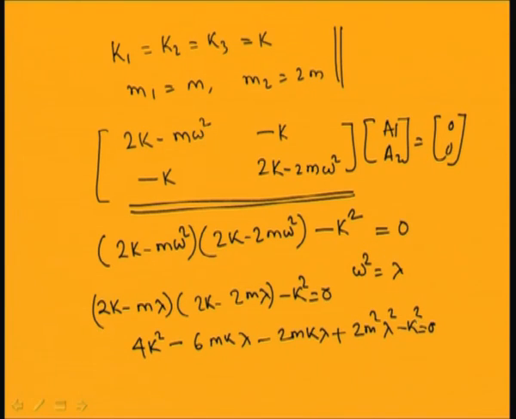So, from this the equation reduces to lambda square minus 3 k by m lambda plus 3 by 2 k by m whole square equal to 0.